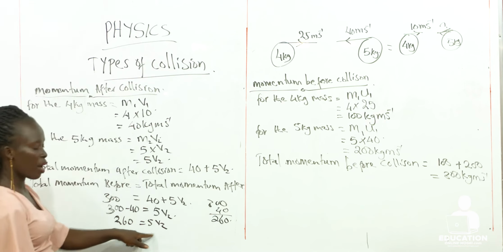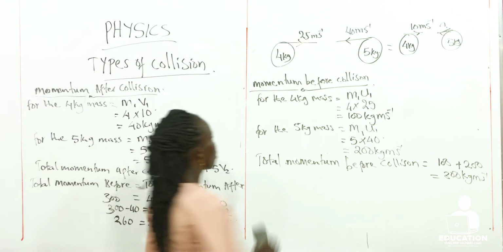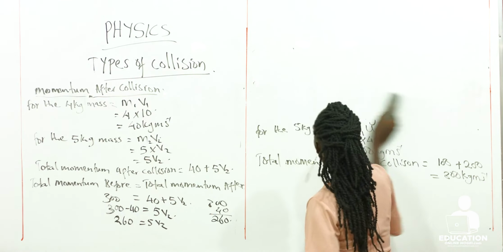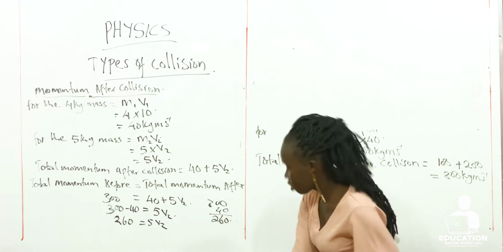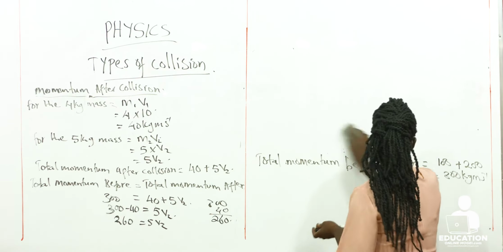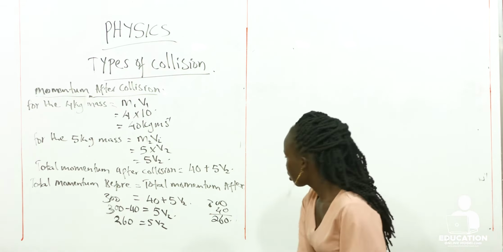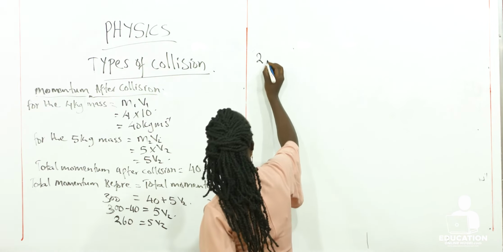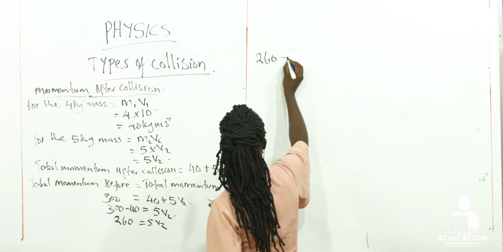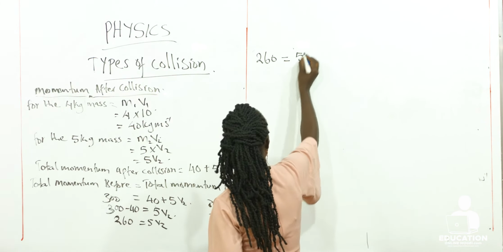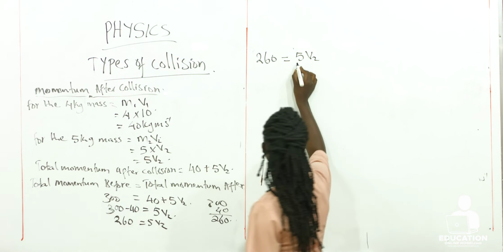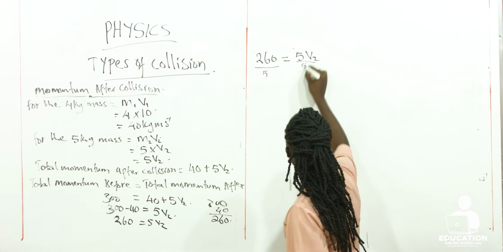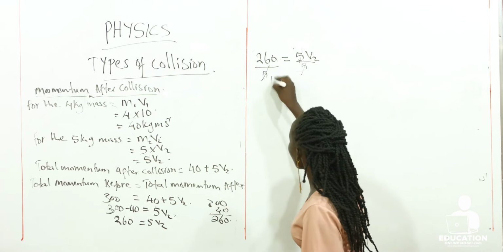So we divide through by the coefficient of V2. What is our coefficient? You find the coefficient of V2 is 5. So we have 260 equaling 5 V2. Then we divide here by 5 and here by 5. The 5 will go once on this side.